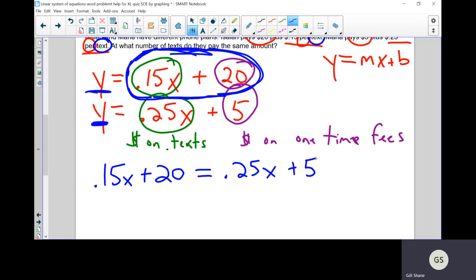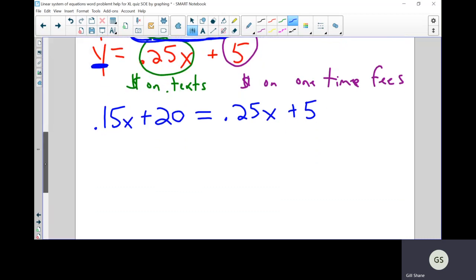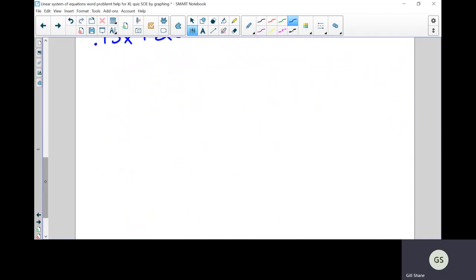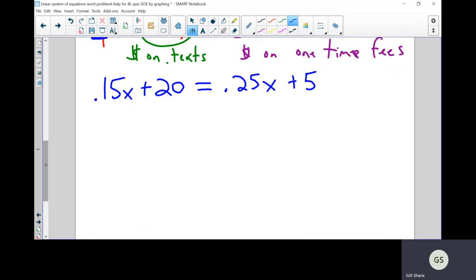So again, I move all of the variables to the left-hand side. I'm going to draw a line down the middle.